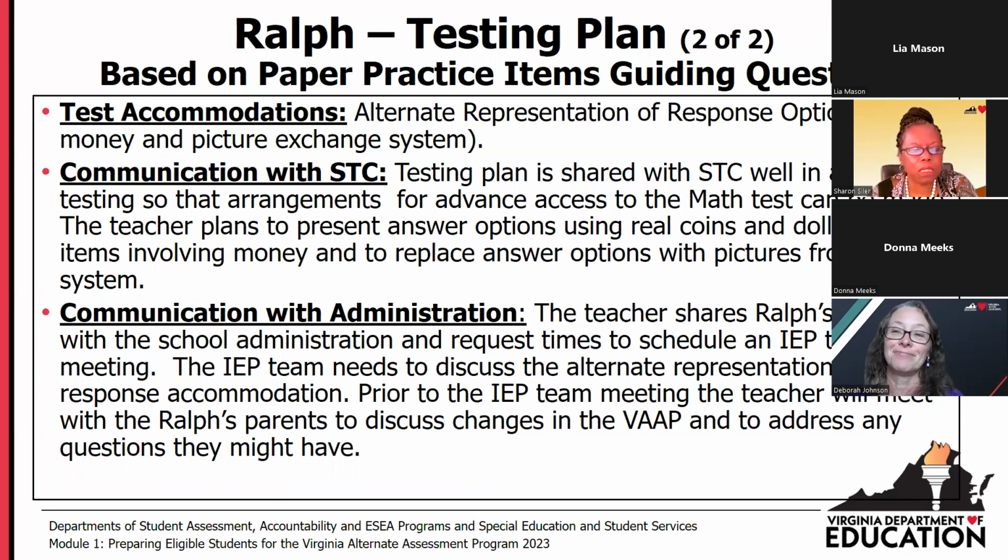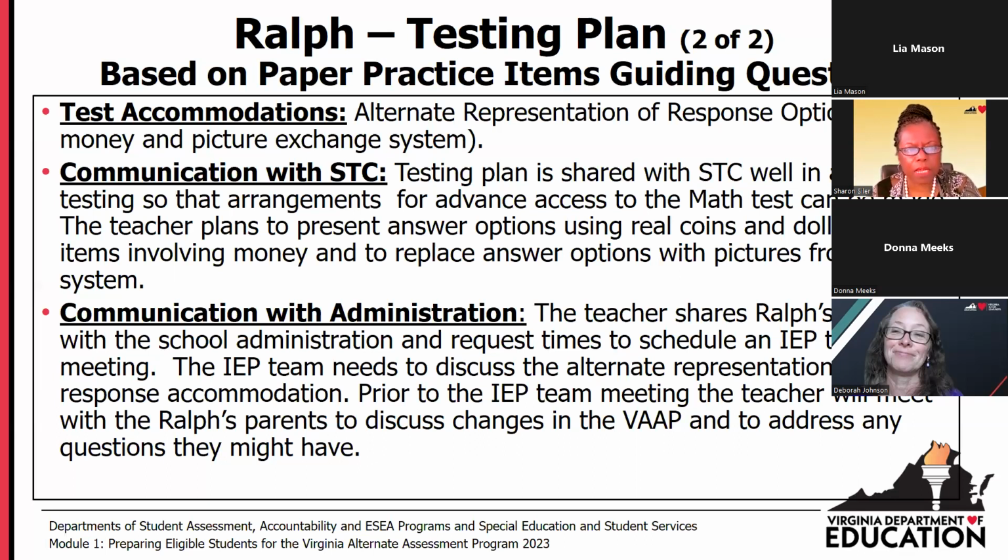He uses a picture exchange system in the classroom environment. So that's going to be an accommodation that would really be appropriate for Ralph to use real money in the picture exchange on some of the answer items on the practice test, but also, of course, on the actual VAAP test.